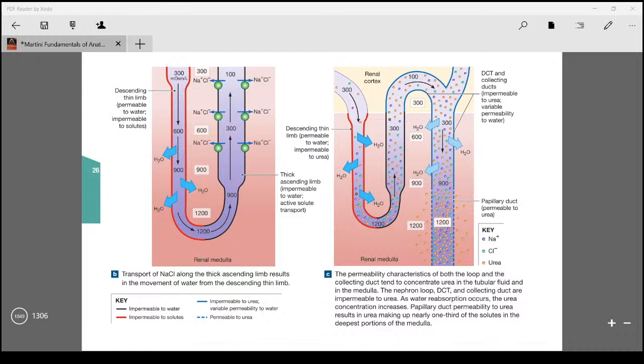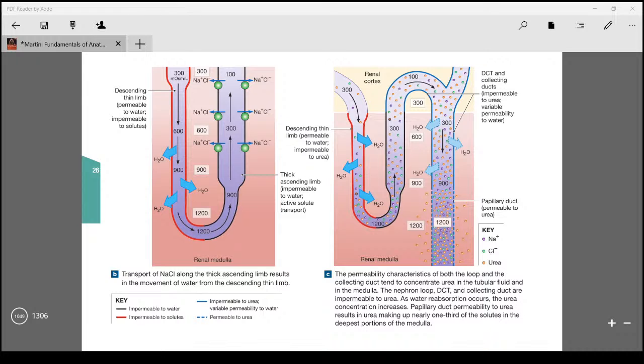It is impermeable to water completely and somewhat to the solutes, but it does contain active transport systems for solutes, like the Na+ K+ 2Cl- cotransporter, but it cannot let water pass through.